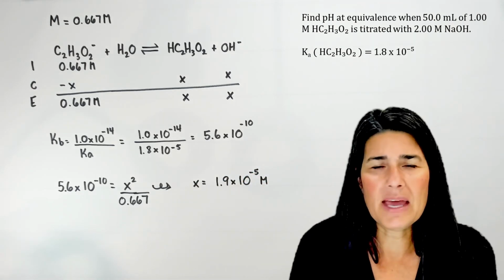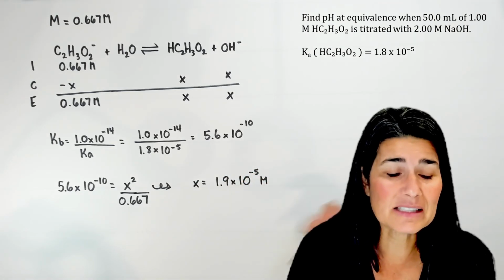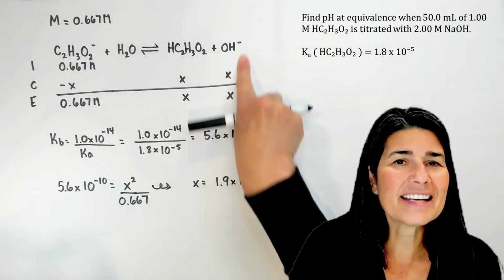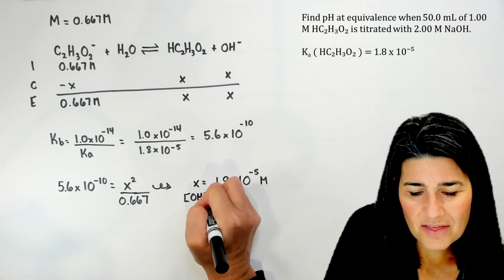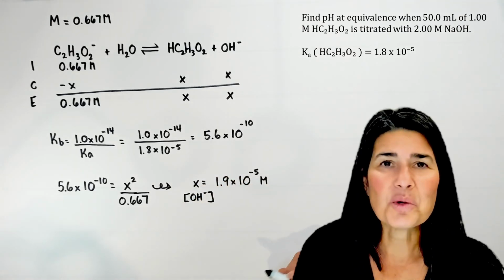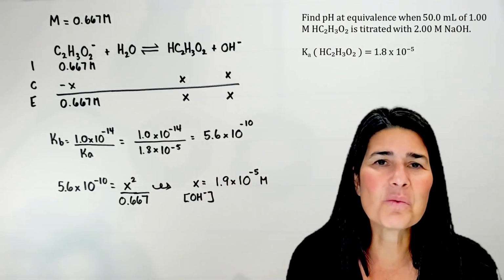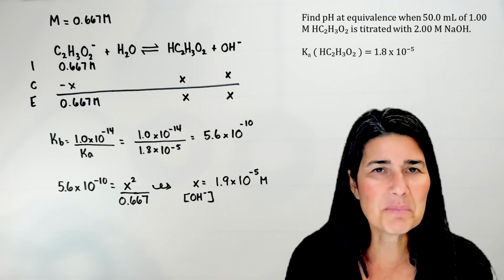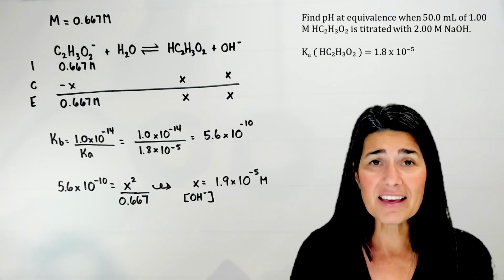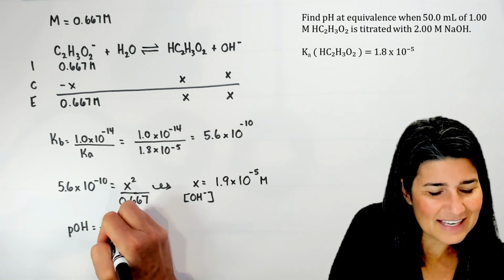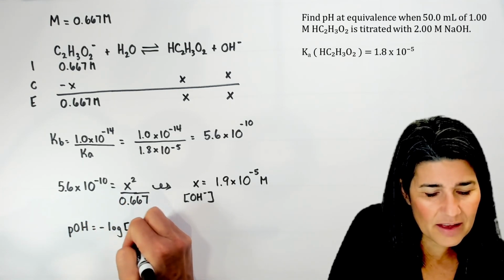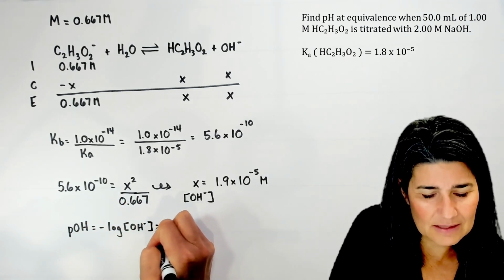And then we ask, okay, great, we have x, but what is x? Coming back up, x is the hydroxide concentration. We know the OH minus. So if we know the OH minus, we should be able to go not directly to pH, but how about a pOH? The pOH is negative log of the OH minus.